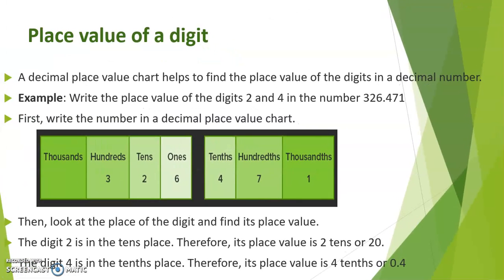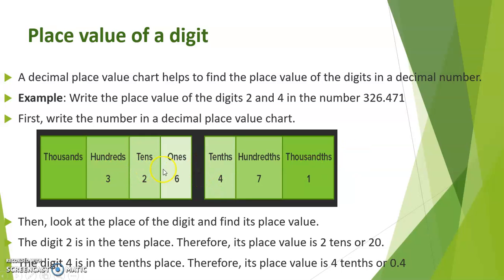Now we can say the decimal place value chart helps to find the place value of the digits in a decimal number. Example here, the question is asking us to write the place value of the digits 2 and 4 in the number 326.471. Now, you can see there's a decimal point here.